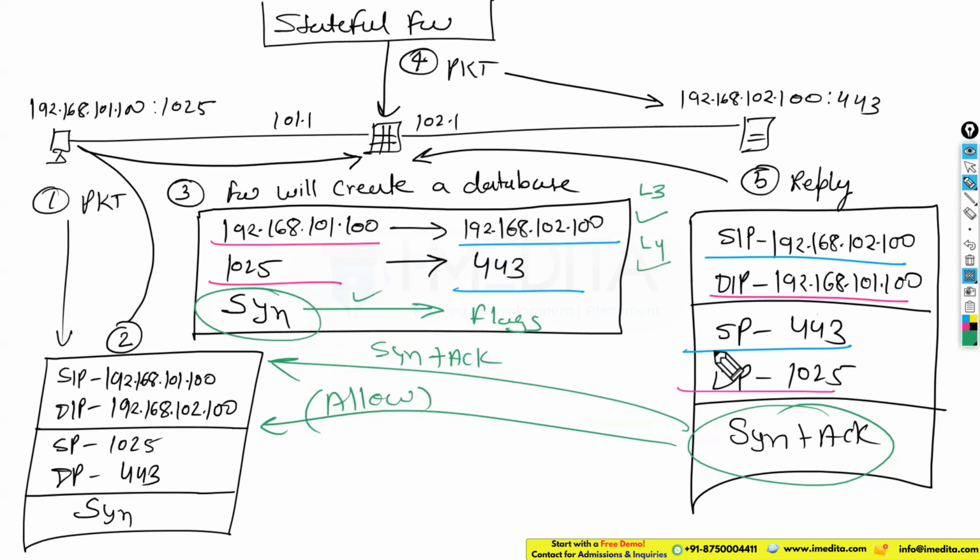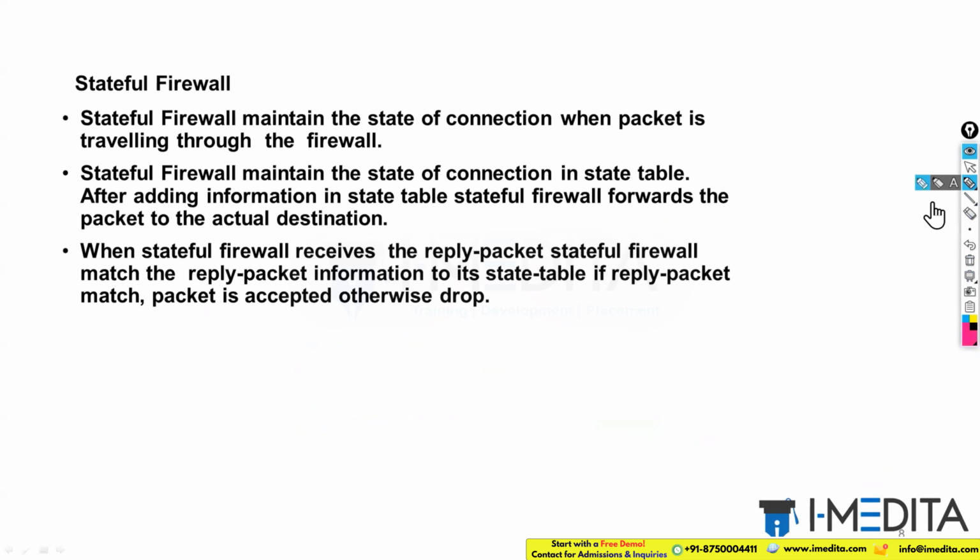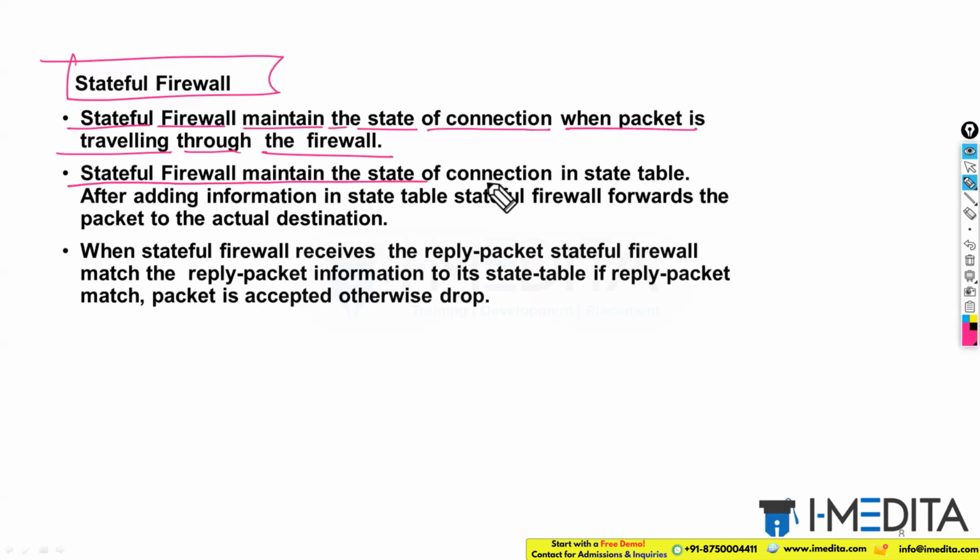So whatever I have told you with the help of the diagram, the same thing is mentioned here for the stateful firewall. A stateful firewall maintains the state of the connection when a packet is traveling through the firewall. It maintains the state of the connection in a state table.